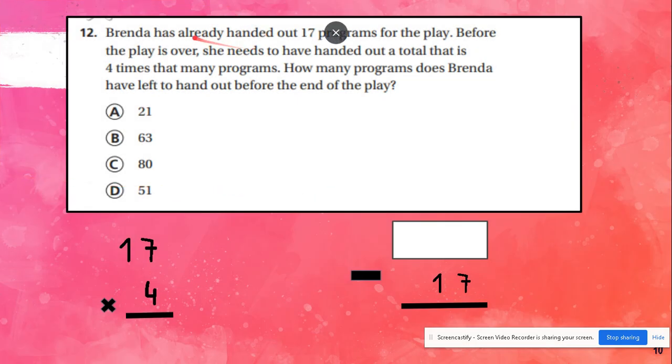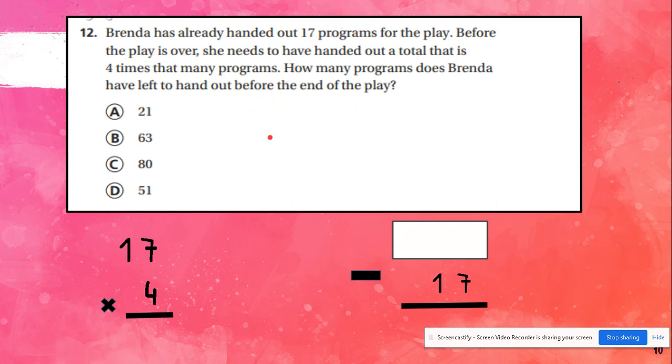Number 12, Brenda has already handed out 17 programs for the play. Before the play is over, she needs to have handed out a total that is 4 times that many. How many programs does Brenda have left to hand out before the end of the play? So, she already gave away 17.